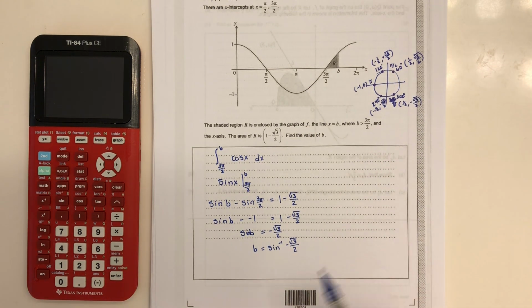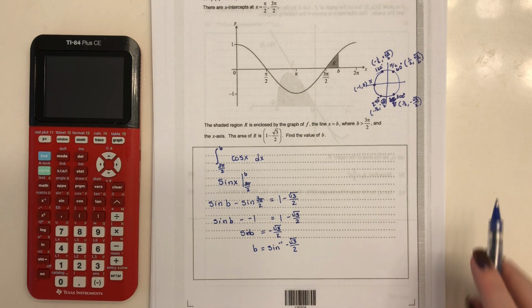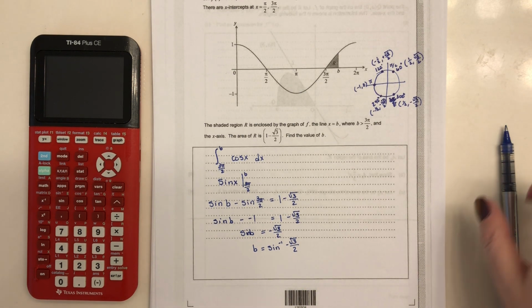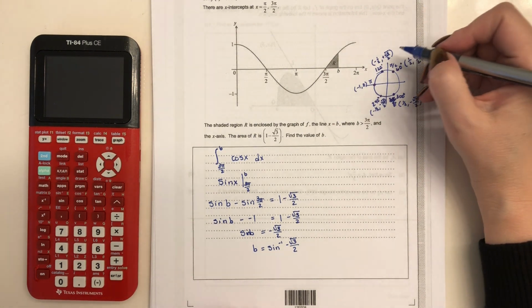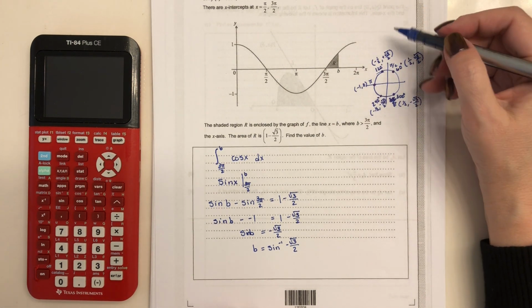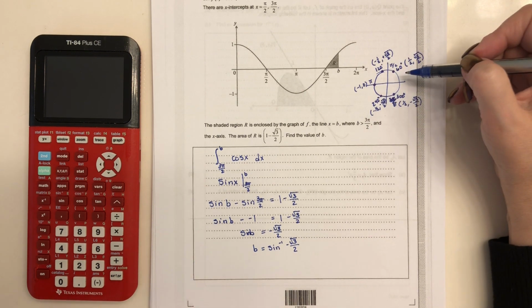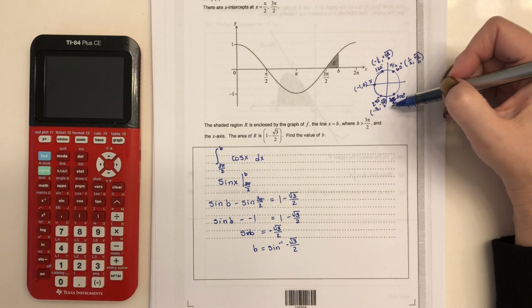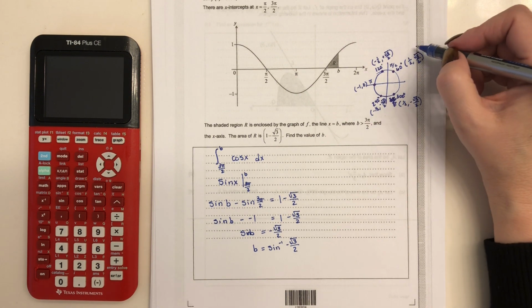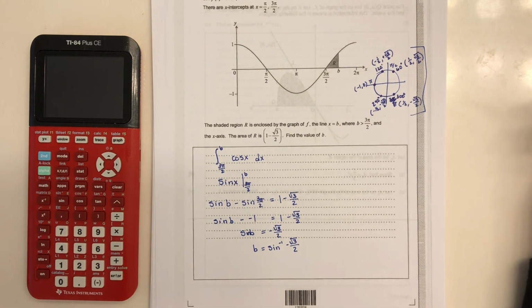Okay. So to prevent there from being multiple answers, you're going to need to use the principal values. The principal values for sine lock it in between negative pi over 2 and pi over 2. But basically you're talking about this side of the picture.